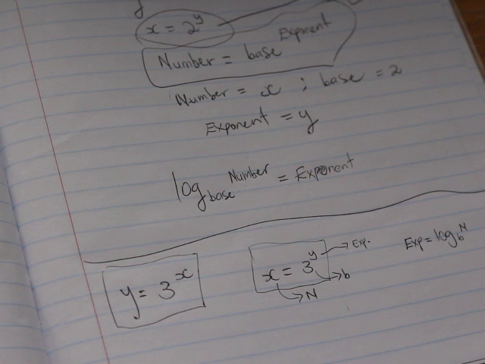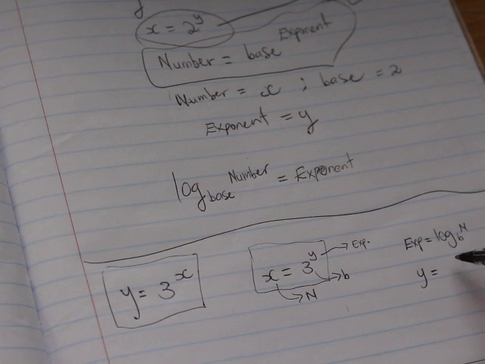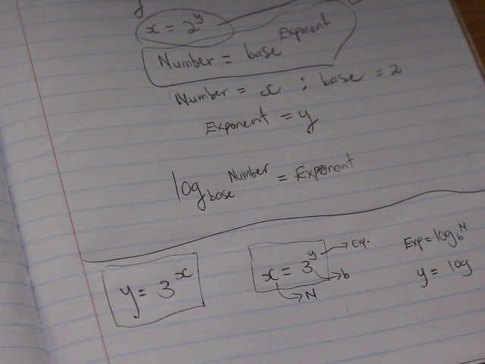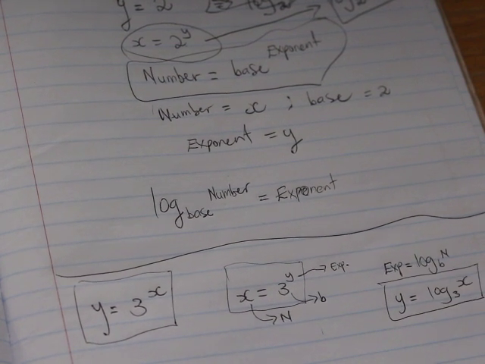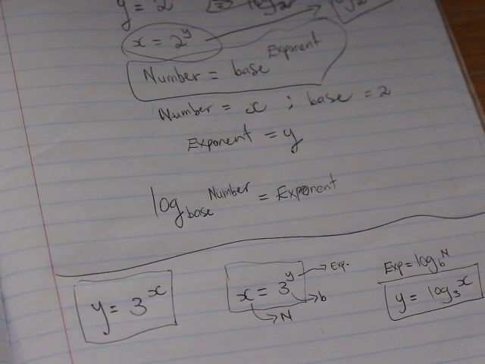So what is the exponent? The exponent is y. So y is equal to the logarithm of the base. What is the base here? The base is 3. And then what is the number? The number is x. Therefore, we've got our inverse now. This is the inverse. We'll do one more example.